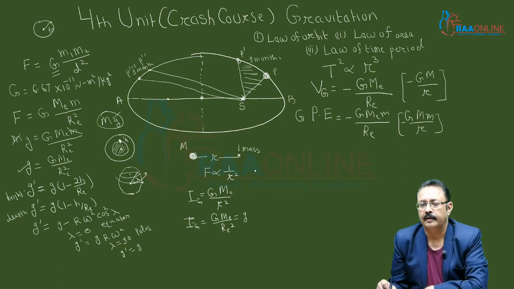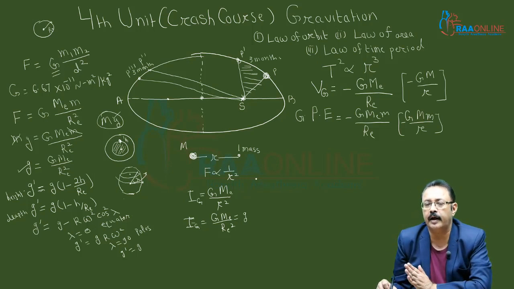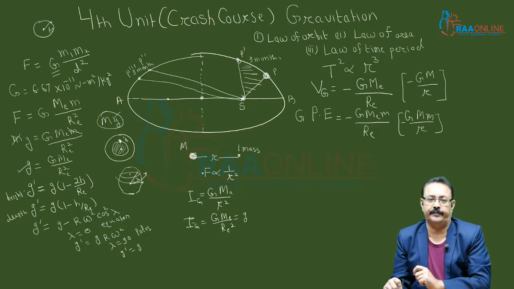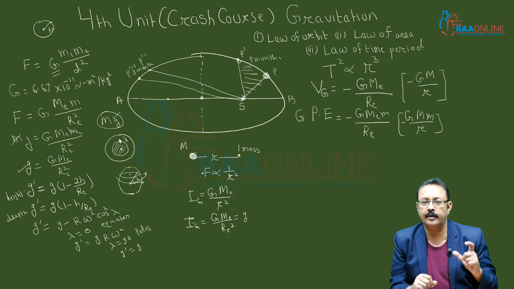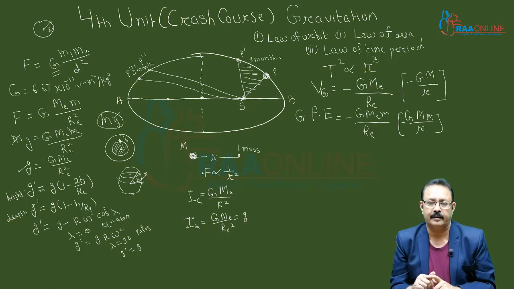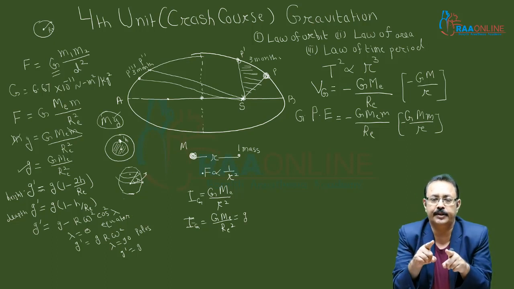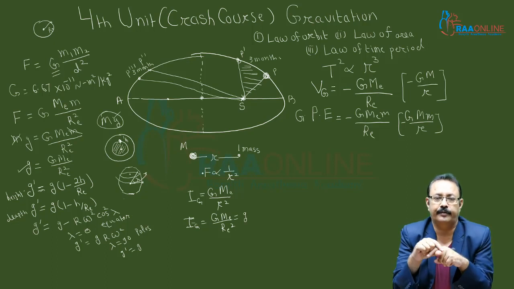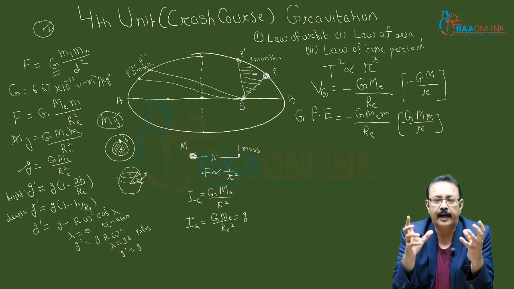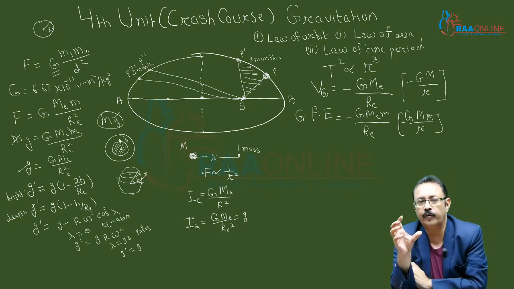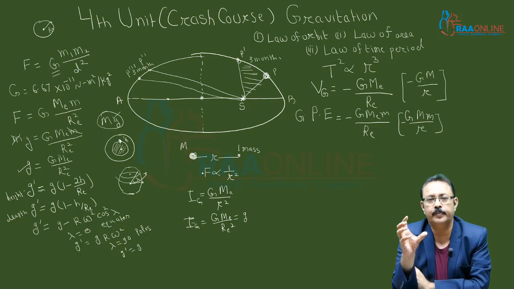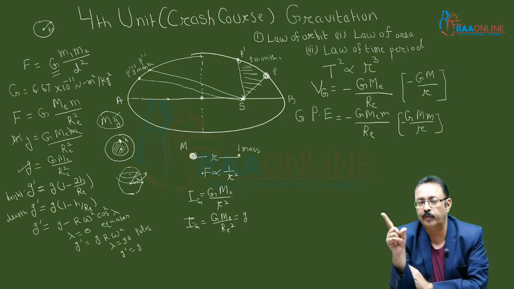You can see that the gravitational potential energy at Earth's surface is negative. That's why any object on Earth's surface cannot leave the surface, because its energy is negative. But anyhow, if you are able to supply this amount of energy to any object, then it will escape from the Earth.